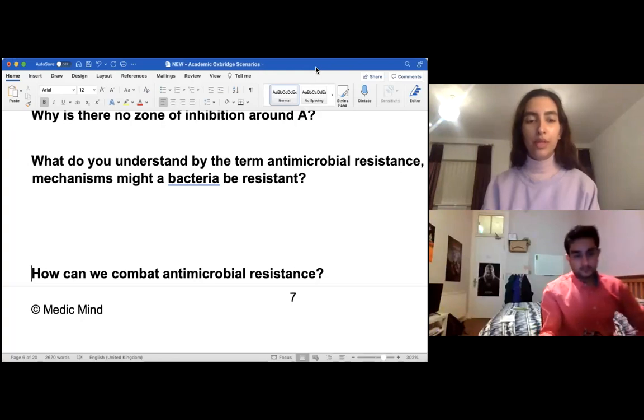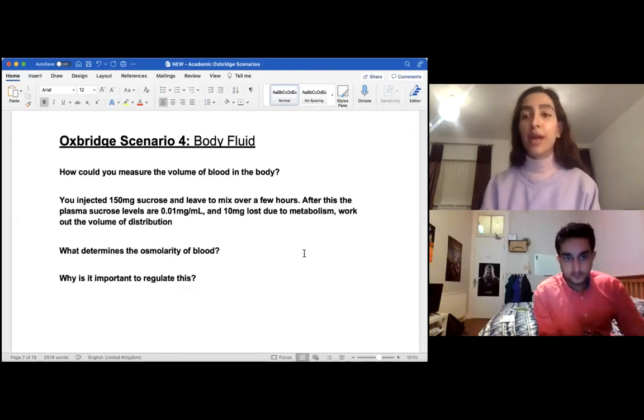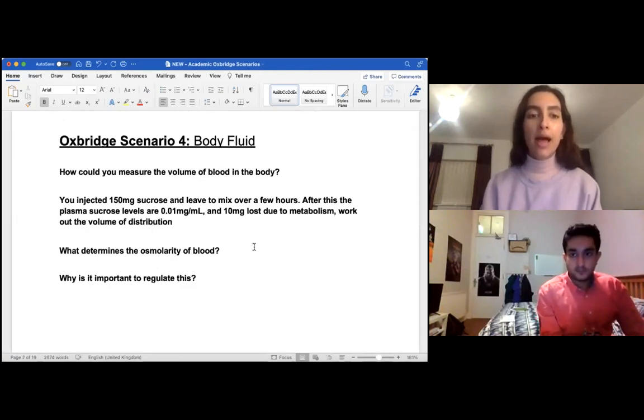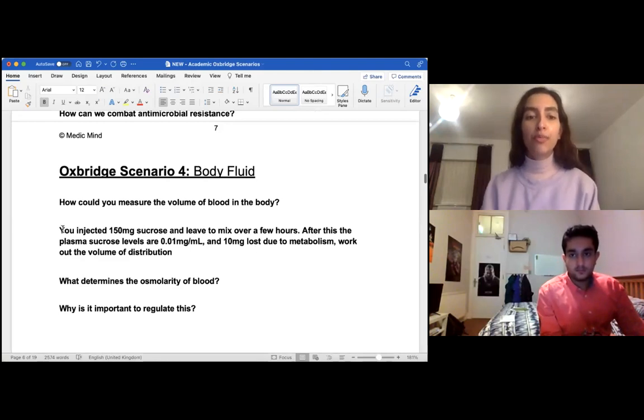So we can move on to scenario 4 now, bodily fluid. How could you measure the volume of blood in the body?